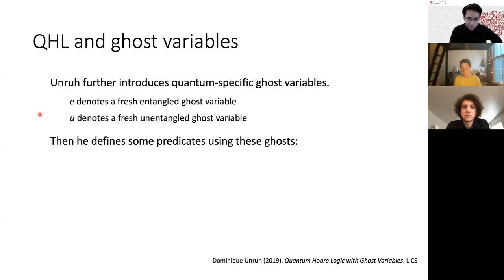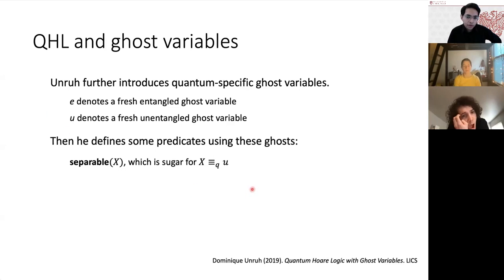Another way these ghost variables are used is by defining more predicates apart from those we saw in the previous slide. One is separable, which takes a variable or list of variables as input, and the way it is defined is that these variables X are quantumly equal to some unentangled ghost U, which makes sense because separable states are those which can be talked about without considering other parts of the quantum state.